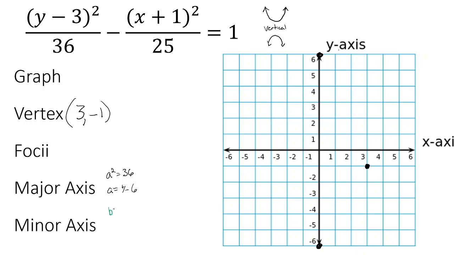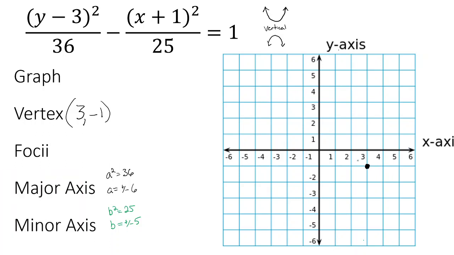Minor axis, b squared, is 25. So b equals plus or minus 5. So go over 5. Oh, excuse me. I got so used to going from 0, 0, but this one isn't at 0, 0, is it?